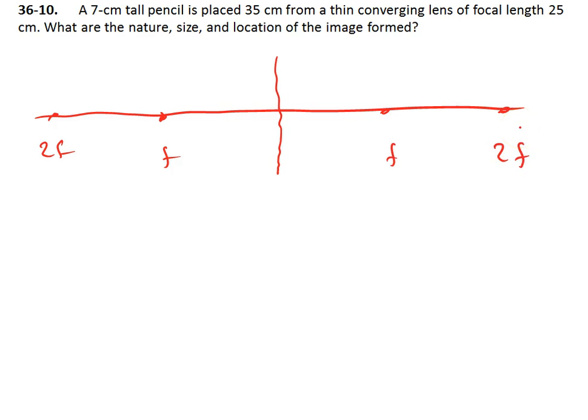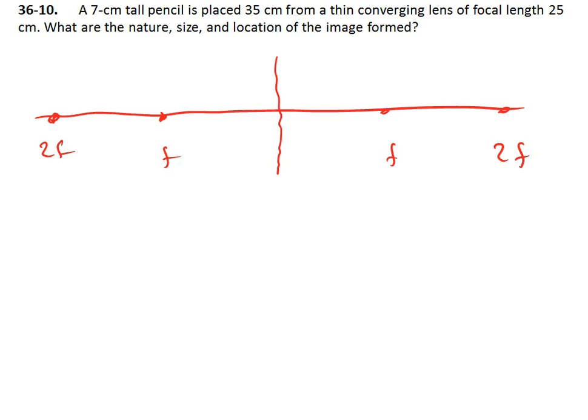And you will remember that 2 times the focal point is an important length in the optics of thin lenses, in exactly the same way that the center of curvature is an important point in considering the optics of spherical mirrors.